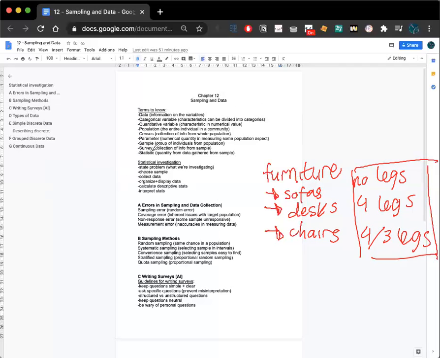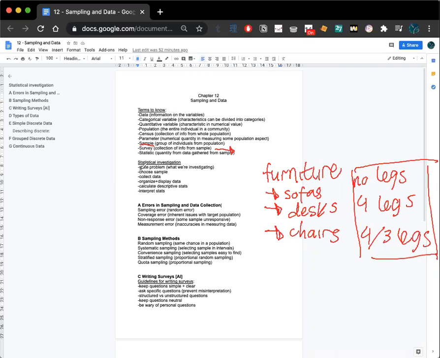And then there's also the term survey. Survey is a form of collecting information from the small population. And usually we want to make sure that the sample is representative of the population.